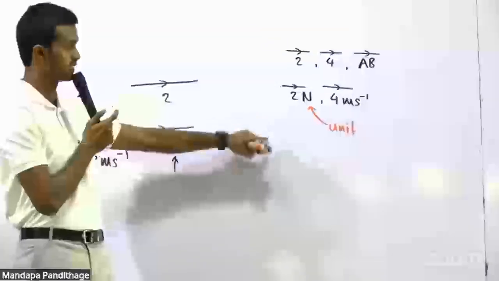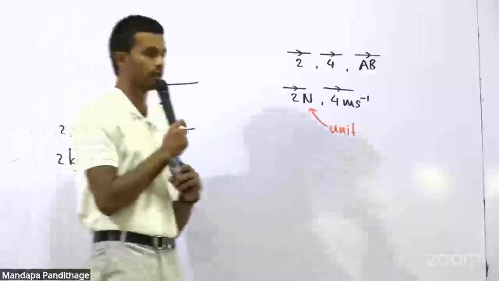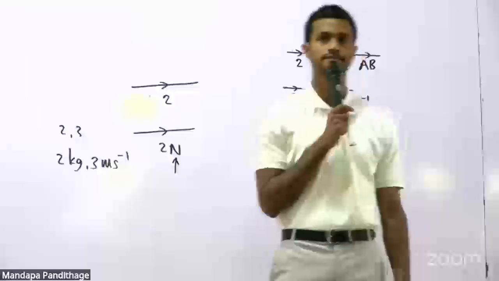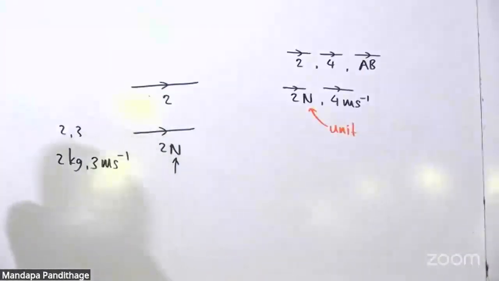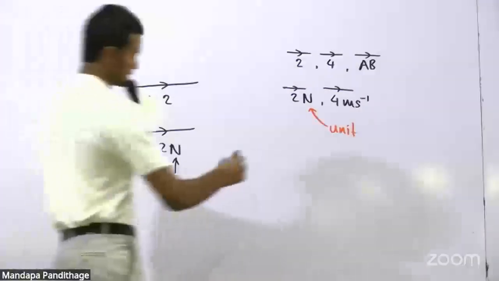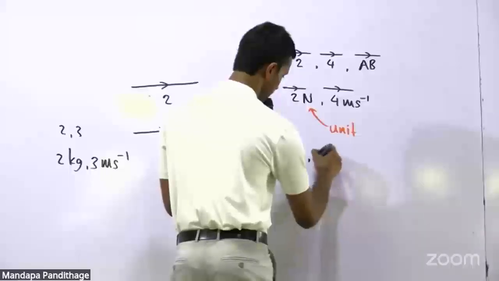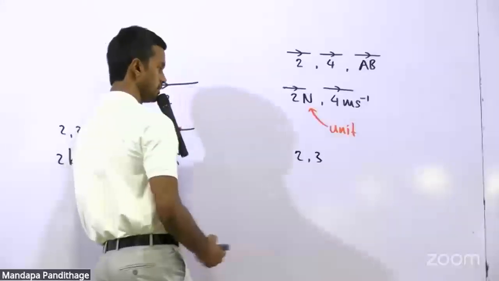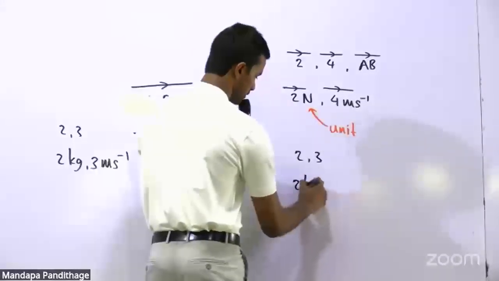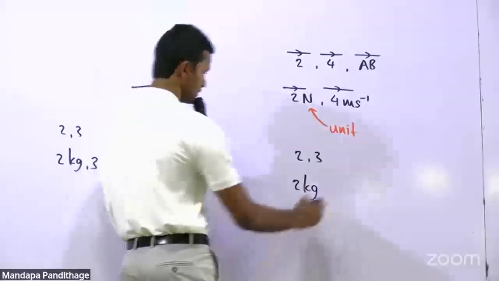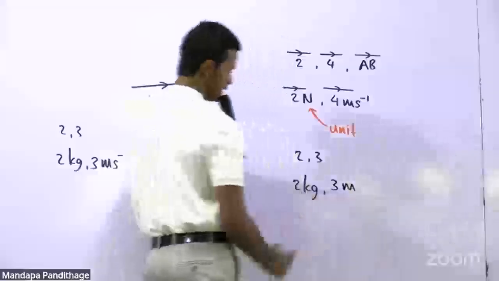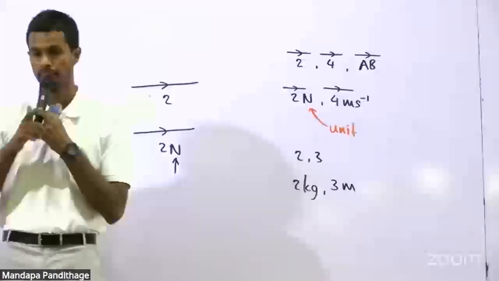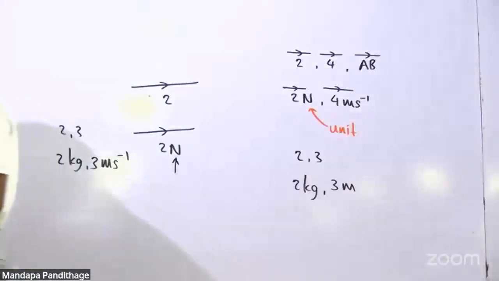Then let's write the same thing for scalars. Write in this way: if a scalar is only given in terms of a magnitude, it is known as a, write in a black pen, scalar.